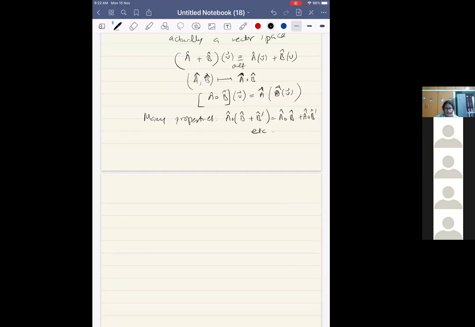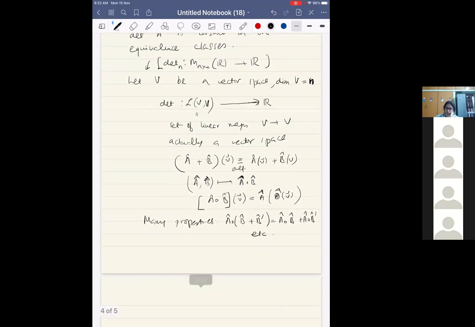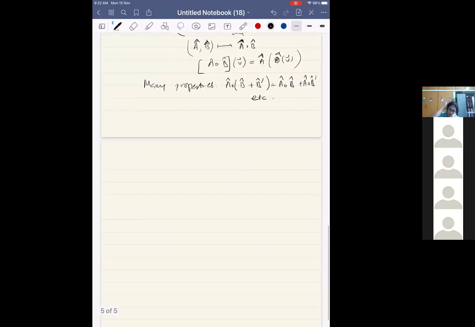Okay. So now, where are we? We are going to now define det from L(V,V) to R. And just as when we defined the determinant of matrices, for a little while we had a subscript, let me just put a subscript. This is not standard notation.